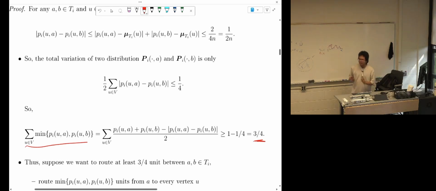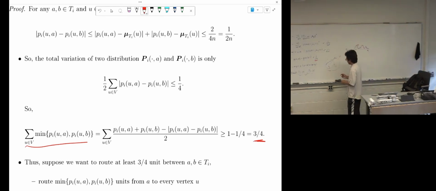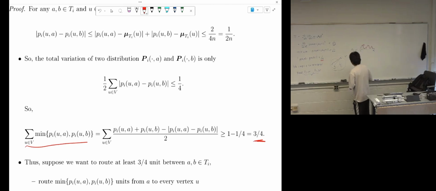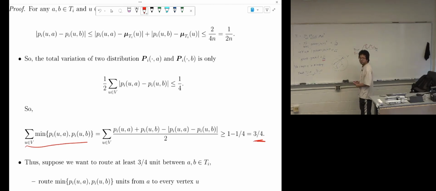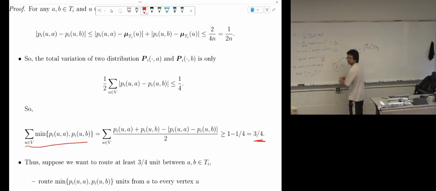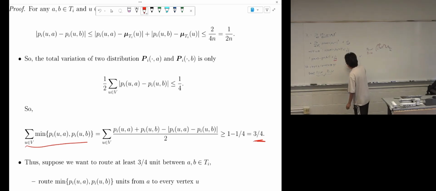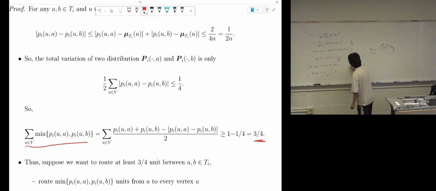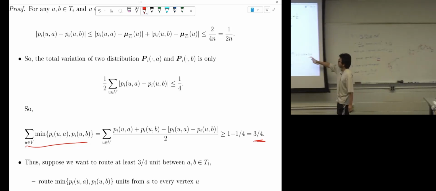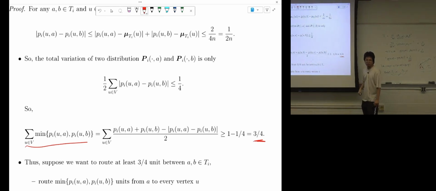Why is this useful? This is useful because of the following. Imagine that I want to send flow from A to B. Suppose that I want to send flow from A to B, of something like 3/4 unit of flow.